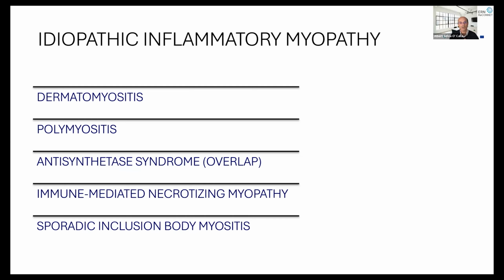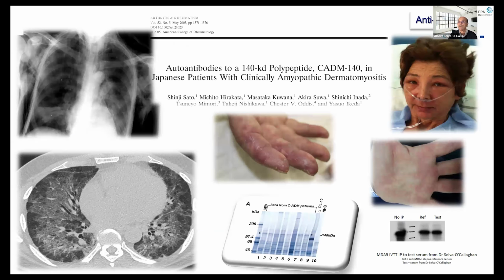Maybe the best known is scleromyositis. We are going to talk about scleromyositis during the next slides. Immune-mediated necrotizing myopathy, that could be with antibodies or without, and the sporadic inclusion body myositis. So let's start with the first one, which is anti-MDA5.